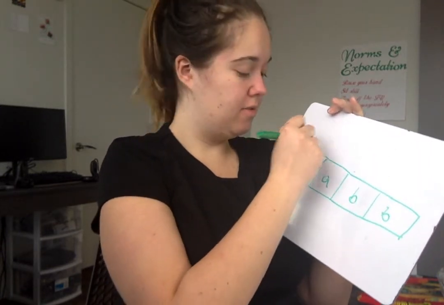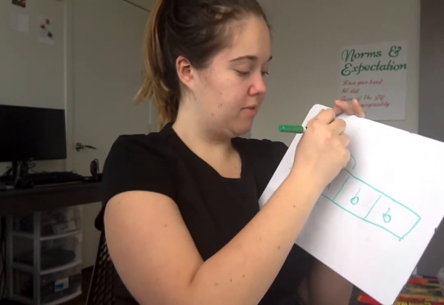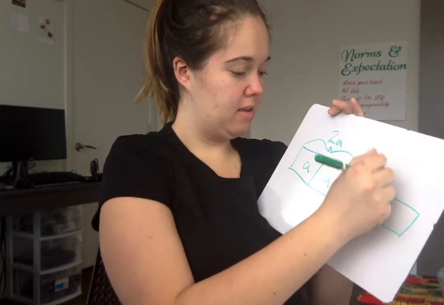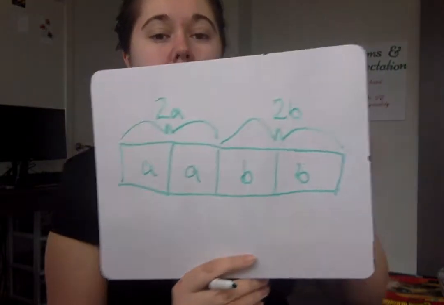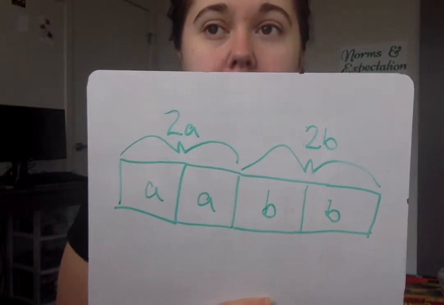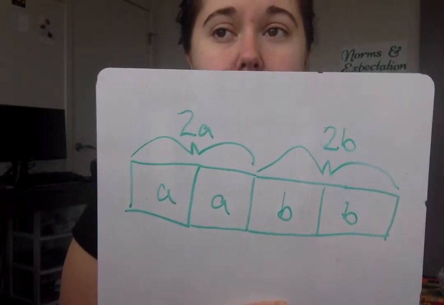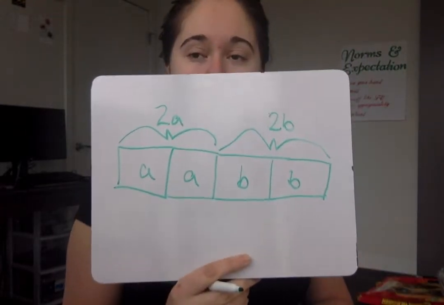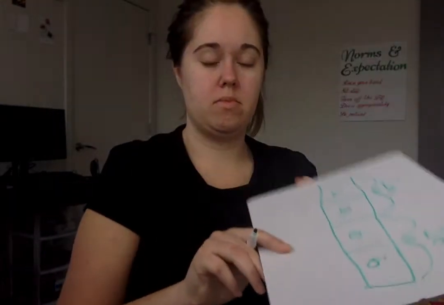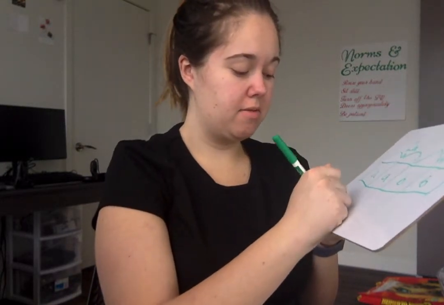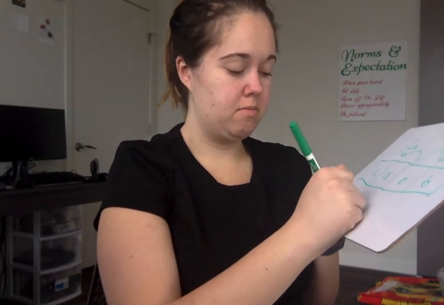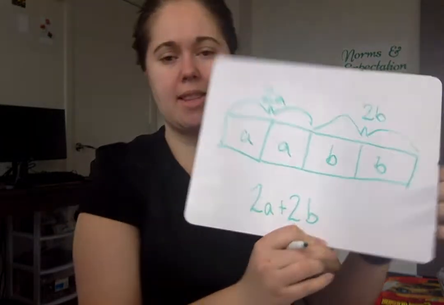And now we could say, well, this is 2a and this is 2b. What expression could we write to represent this new diagram? Well, I could just write 2a plus 2b, right? That would represent this new diagram.